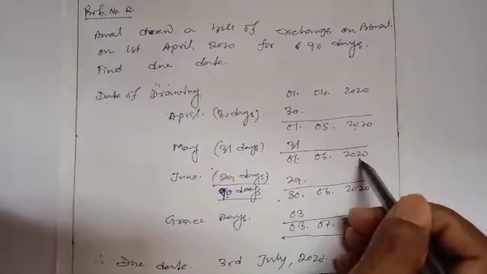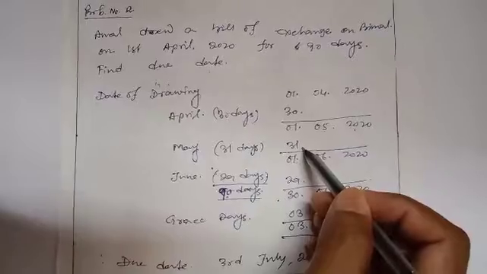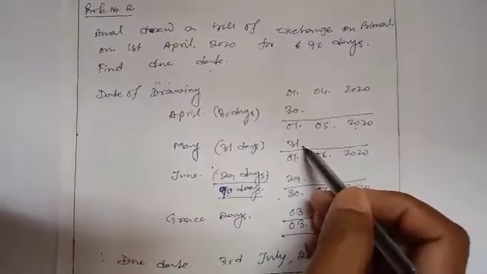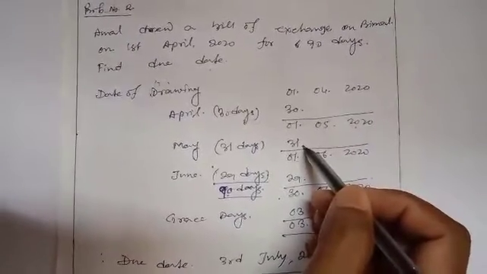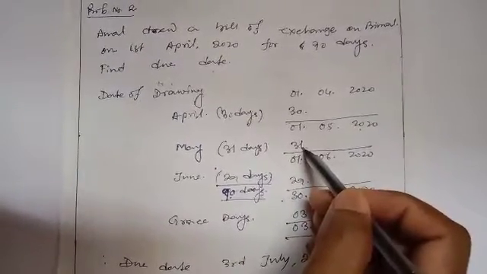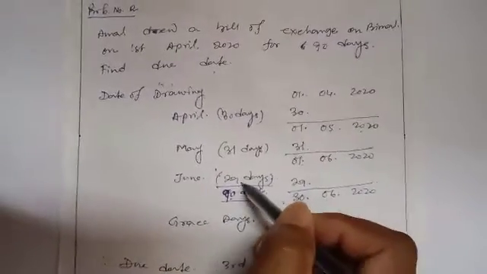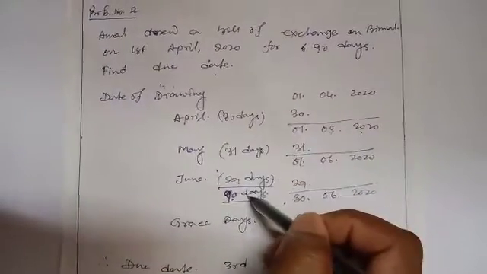Altogether how many days are you giving here? 30 plus 31, that is 61 days already gone. Now how many days are left? 29 days, so the total is 90 days.